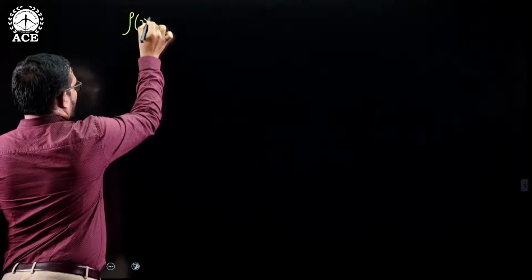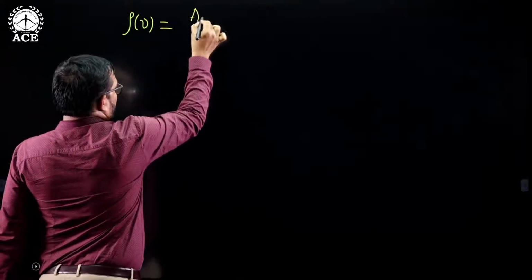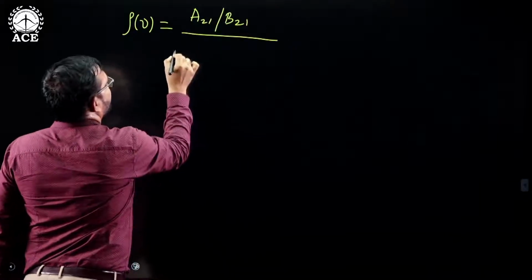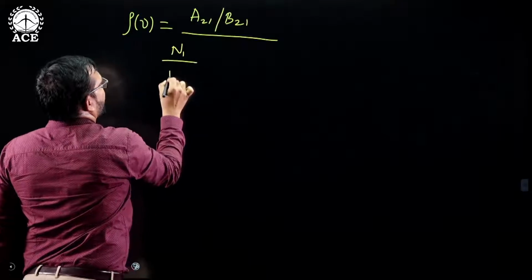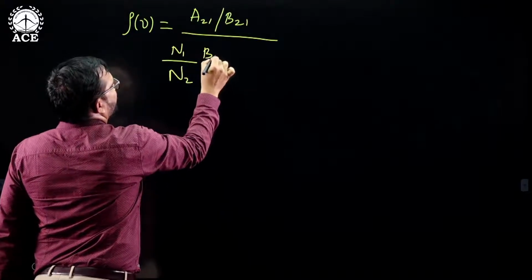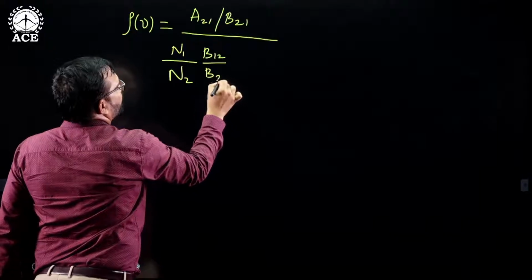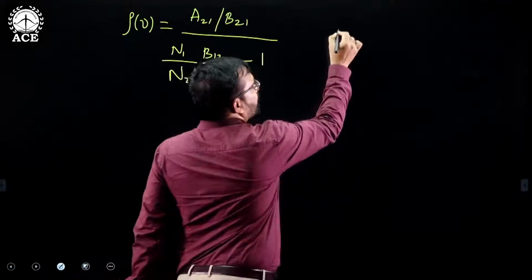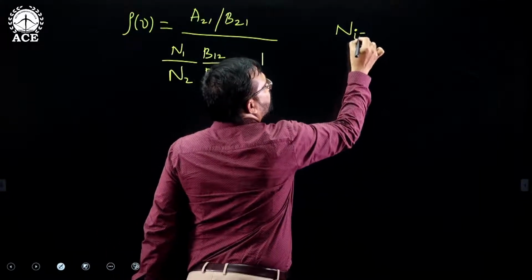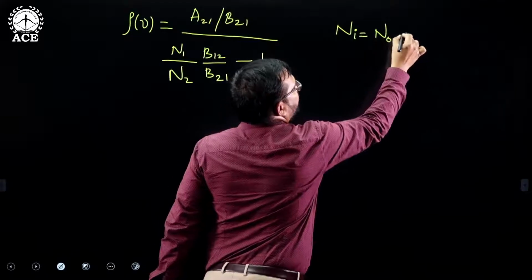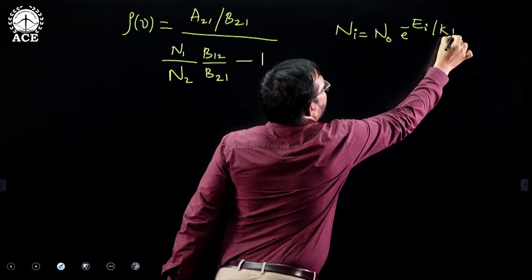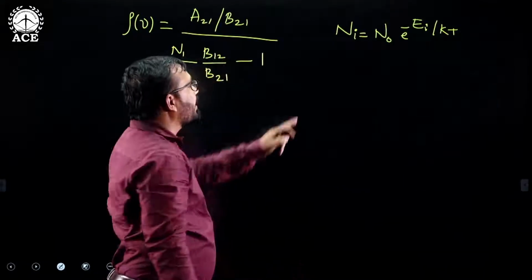Once again I am writing the photon density: rho nu is equal to A21 by B21 divided by (N1 by N2 into B12 by B21 minus 1). What is the Boltzmann equation? Ni is equal to N0 times exponential of minus Ei by kT. From this equation we can write N1.